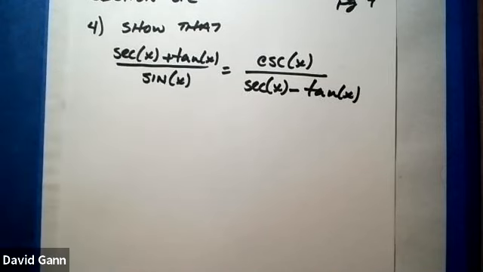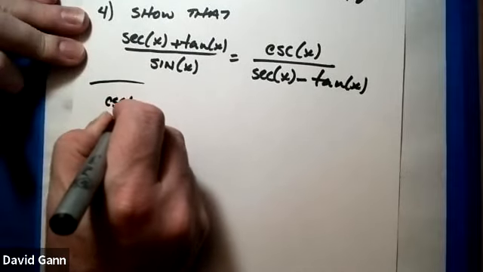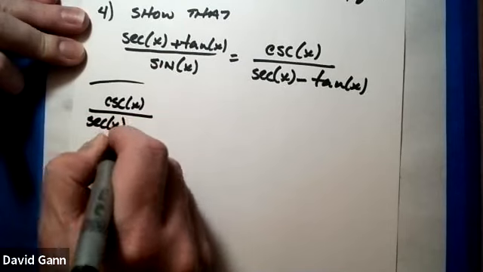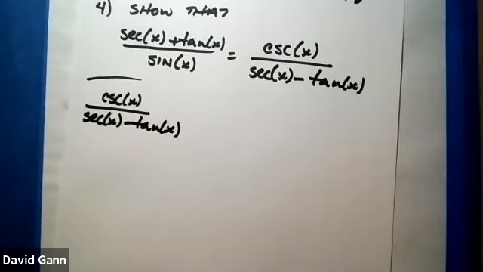Okay? So we'll start with cosecant of x over secant of x minus tangent of x. Okay, there's our right-hand side. Now, you may recall that I mentioned it's perfectly legitimate to multiply by 1.